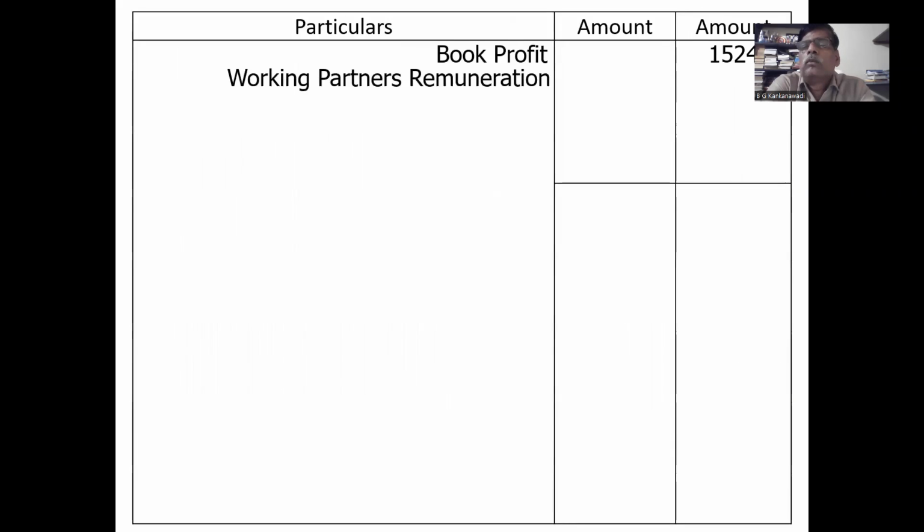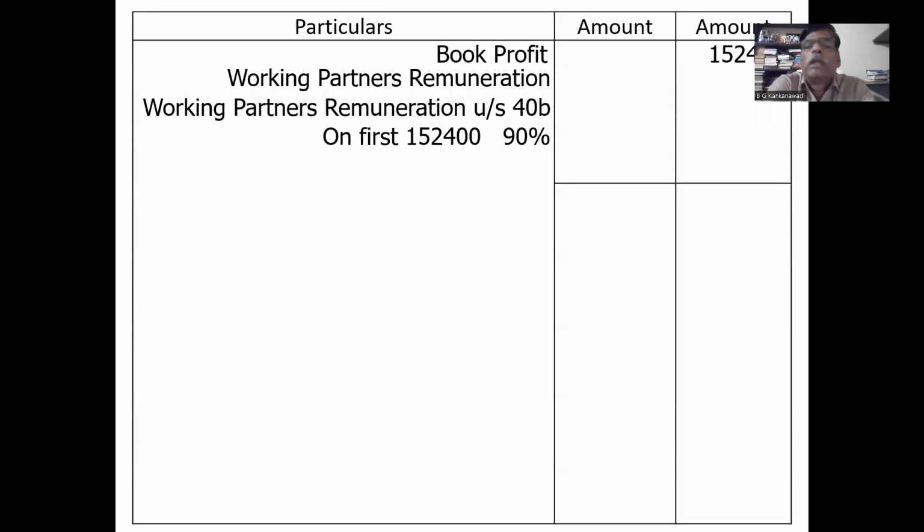Less working partner remuneration according to 40B: 1,52,400 into 90%, or 1,50,000, whichever is more. 1,50,000 is more. So 1,50,000 is the first point.